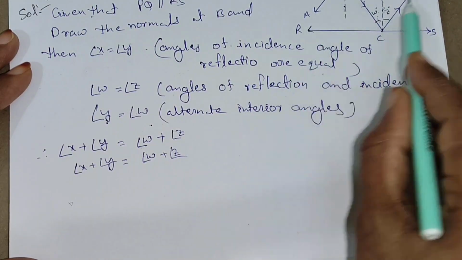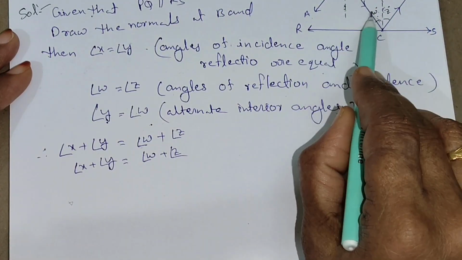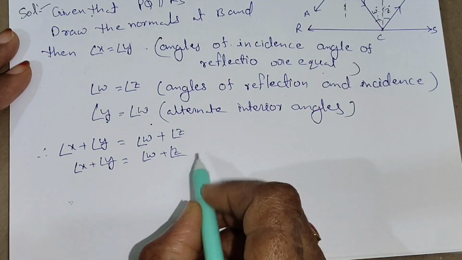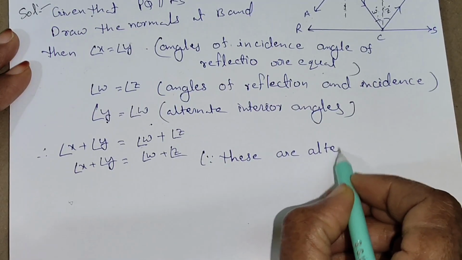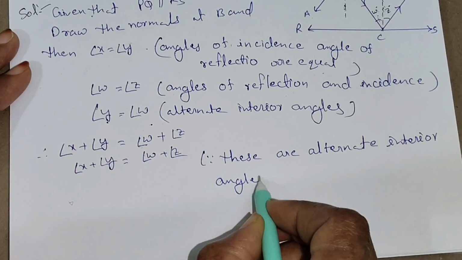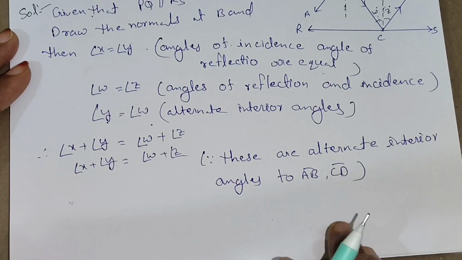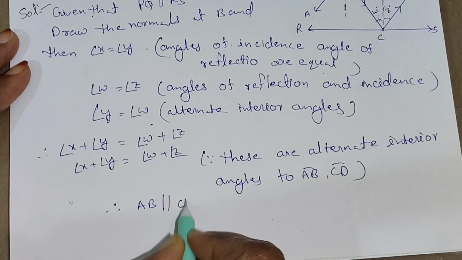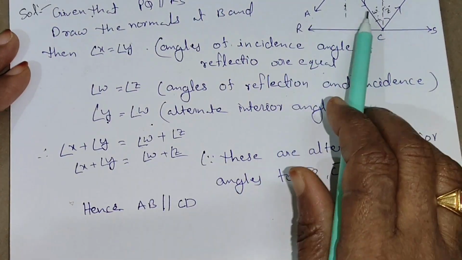So AB is parallel to CD. These two are alternate interior angles. Since these two are equal, AB and CD are parallel. Therefore AB is parallel to CD, because these two angles are equal.